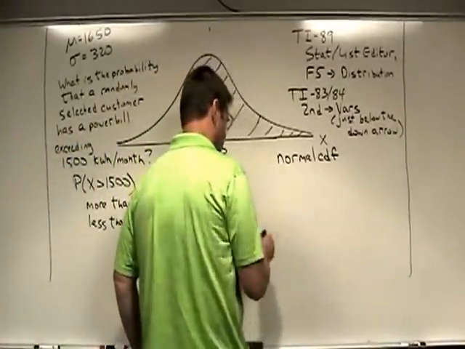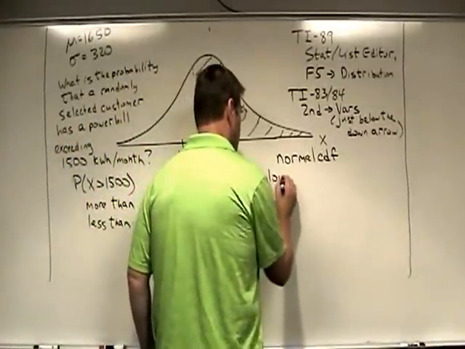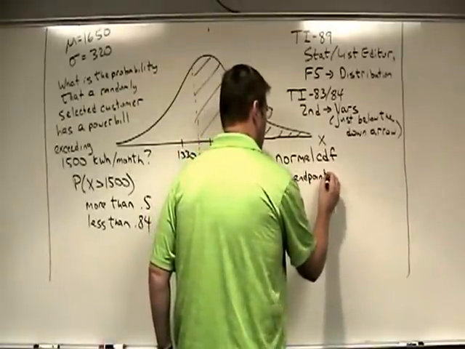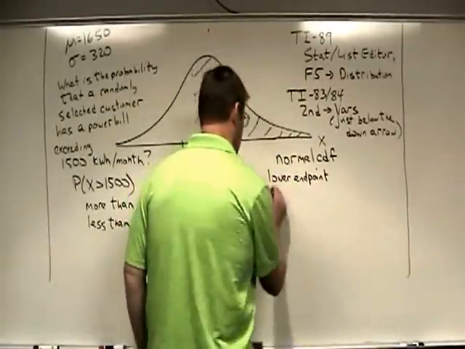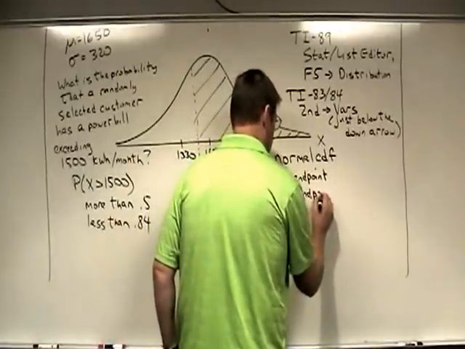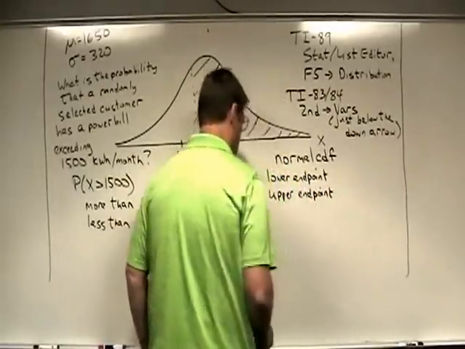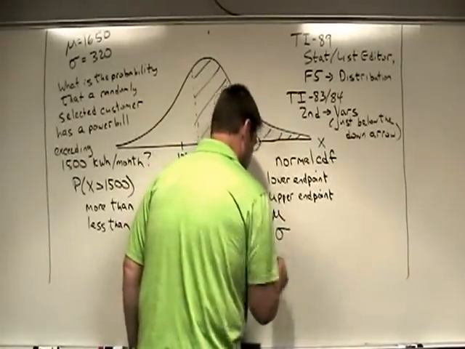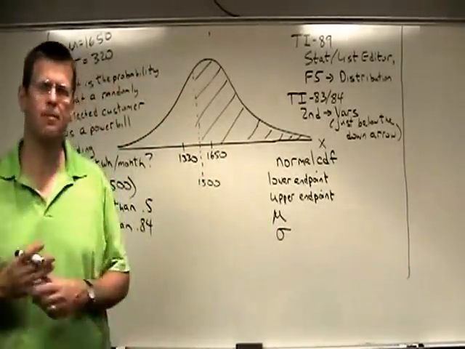As far as this is concerned, there are certain things you need to enter in with the normal CDF. There are 4 things. You need to enter the lower endpoint of your interval. You need to enter the upper endpoint. You need to enter the value of mu, and you need to enter the value of sigma.